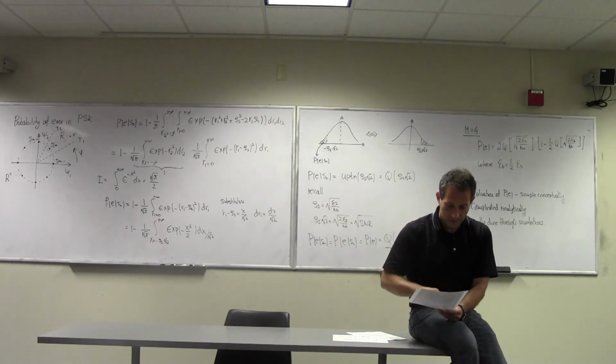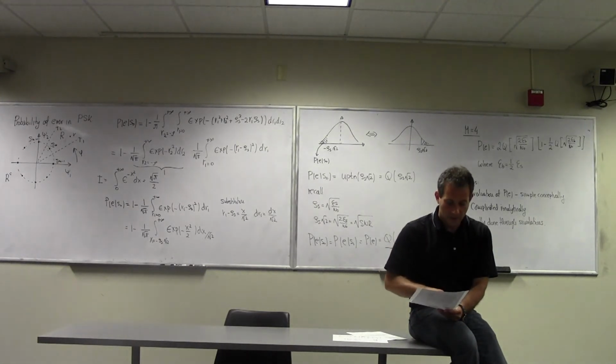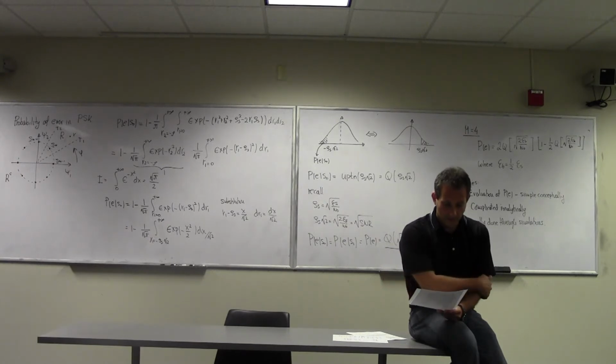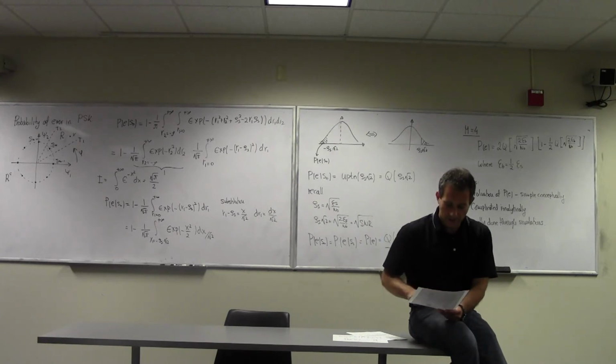So I'm throwing darts. I already generated the received vector, that's this r. Then I compute the distance between the received vector and all the symbols, and I determine which symbol it is. And then I ask the question, is the received symbol different from the transmitted symbol? This is the question, if j is different than i of 1. If it is, then I increment the error.